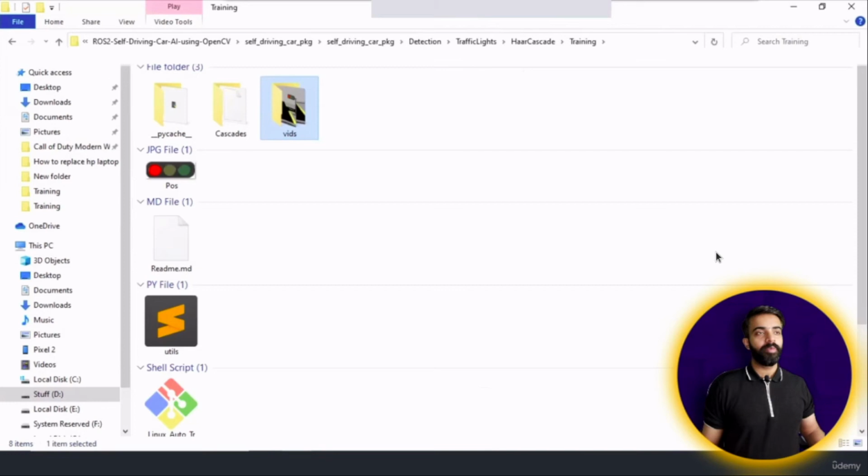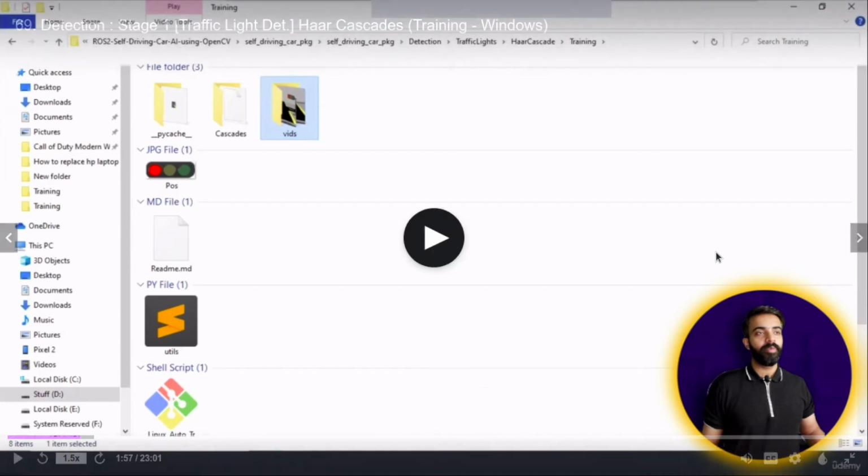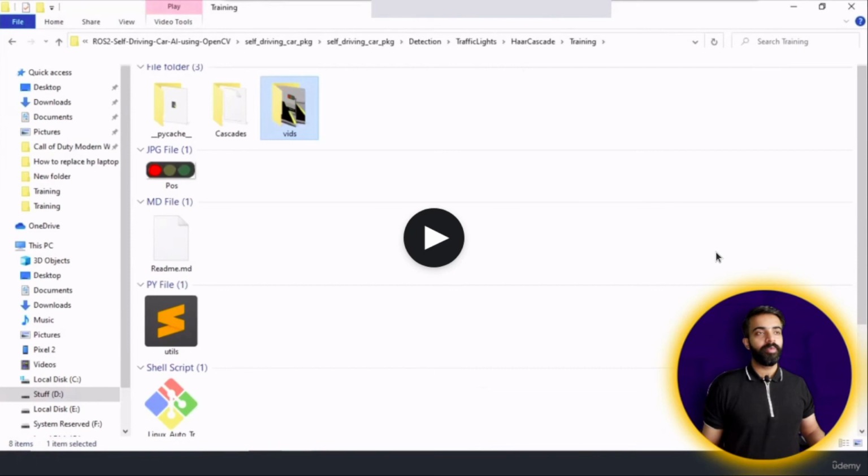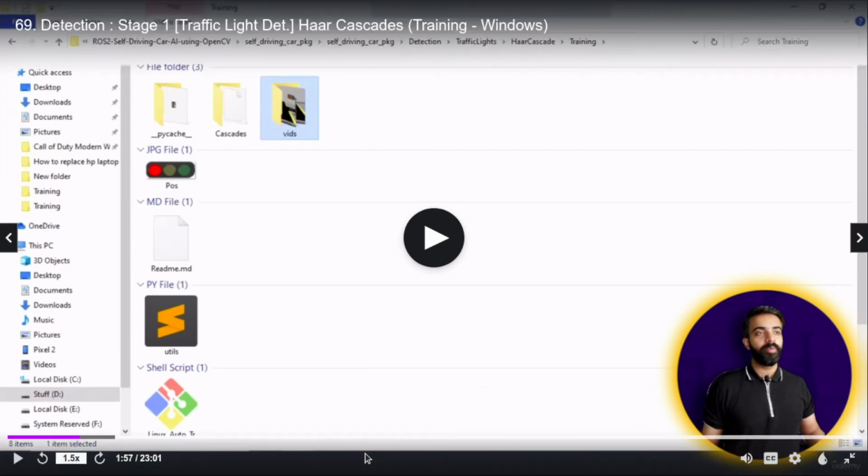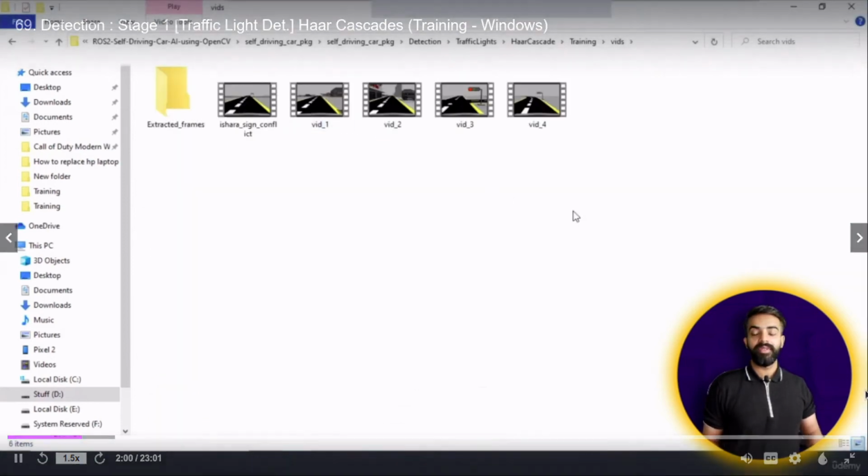So once copied, what you will observe is that it contains 5 videos, or 5 training videos, that will be used to train the Haar cascade.